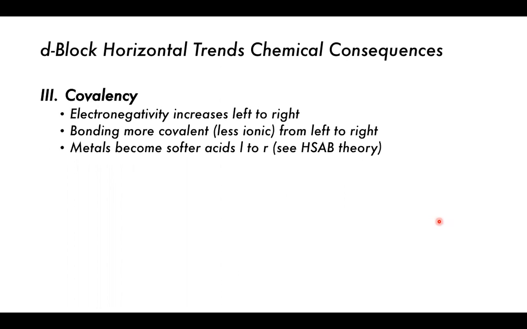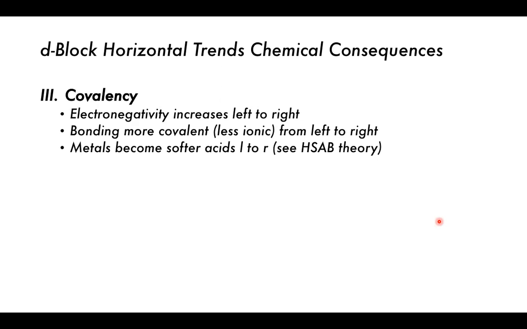Covalency then. Of course electronegativity, as we saw, increases going from left to right. So for example, scandium has a very low electronegativity, whereas on the right hand side, things like copper have quite a high electronegativity. So this has a consequence on how they bond with other materials.